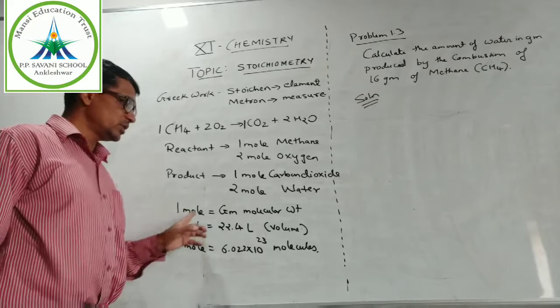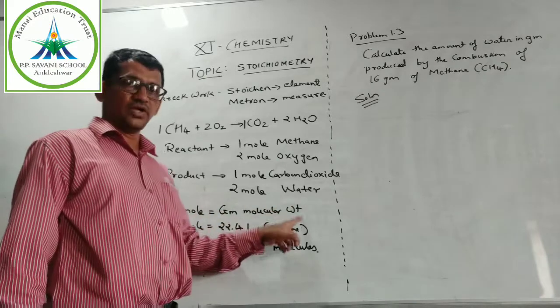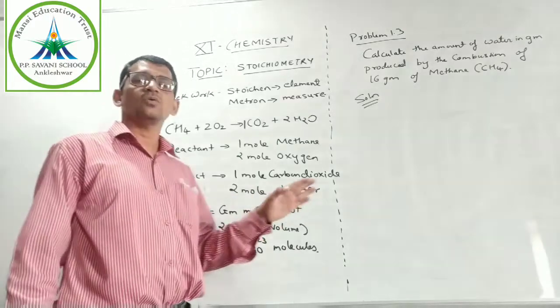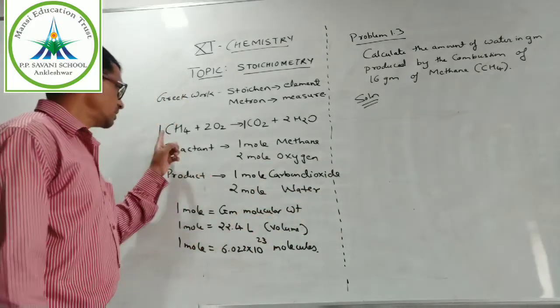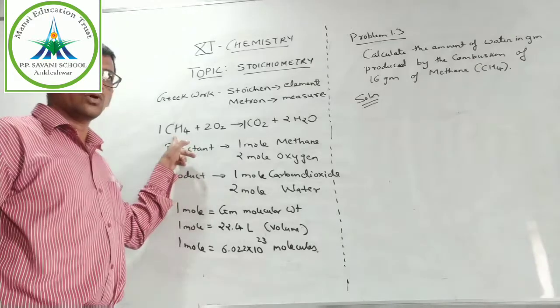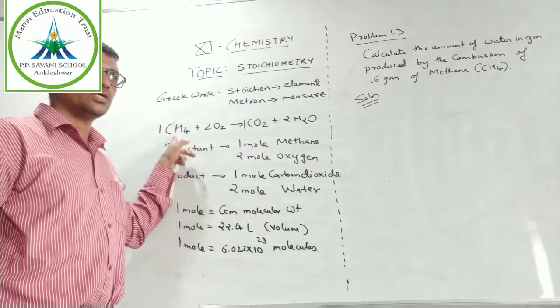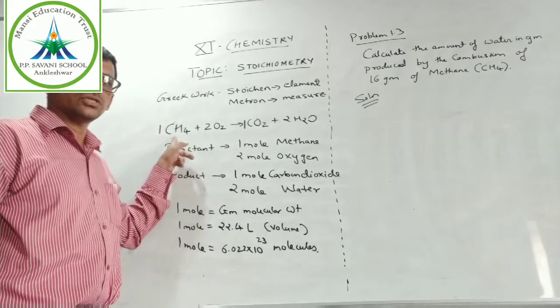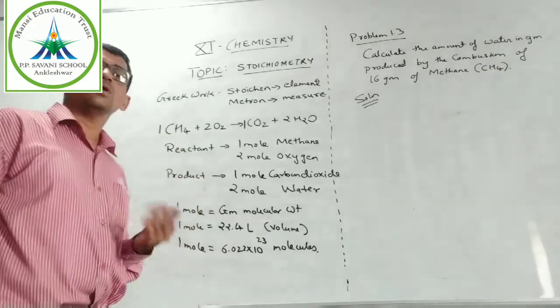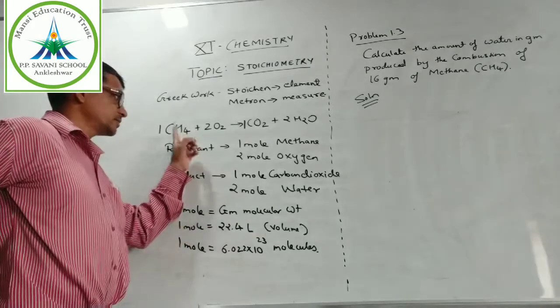1 mole is equal to the gram molecular weight of that particular substance. For 1 mole of methane, CH4, carbon is 12 and hydrogen total 4, so 12 plus 4 is 16. So 1 mole of methane is equal to 16 gram.